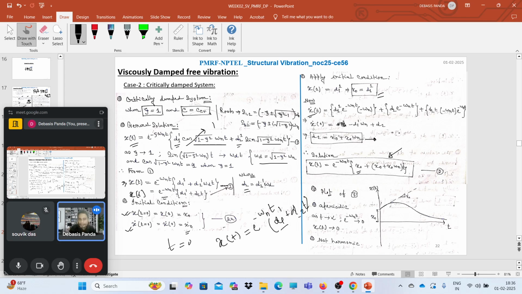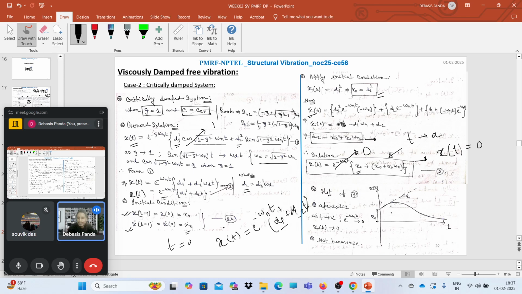So look here, it's an aperiodic equation, so that means no oscillations will occur, and as t goes to infinity, this term will tend to 0 and x of t will also tend to 0.